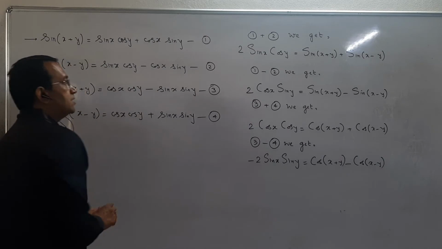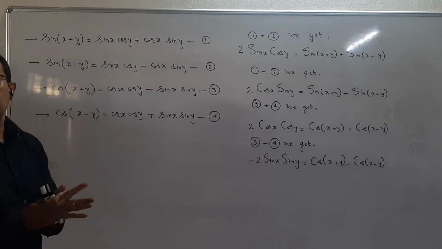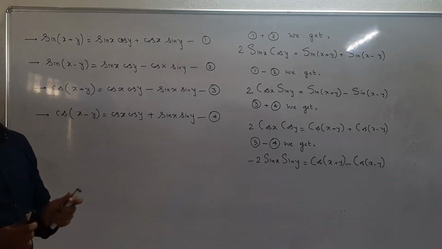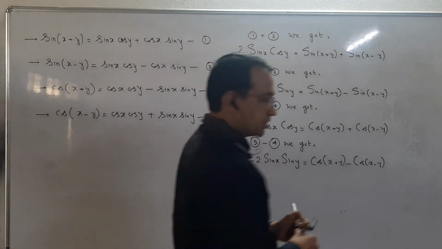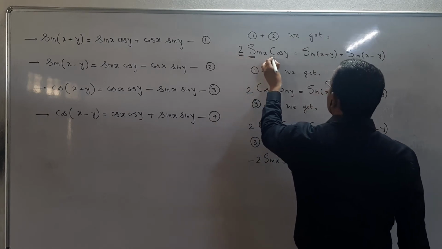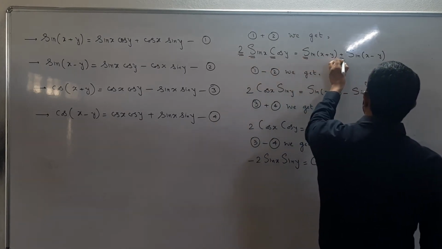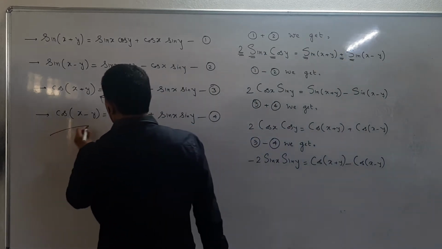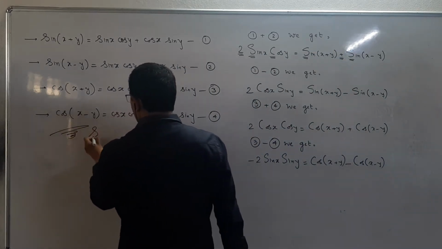Students, there is some logic behind writing the first letter capital. We are going to develop a shortcut of this. 2 SC is equal to S plus S. These shortcuts you have to memorize.